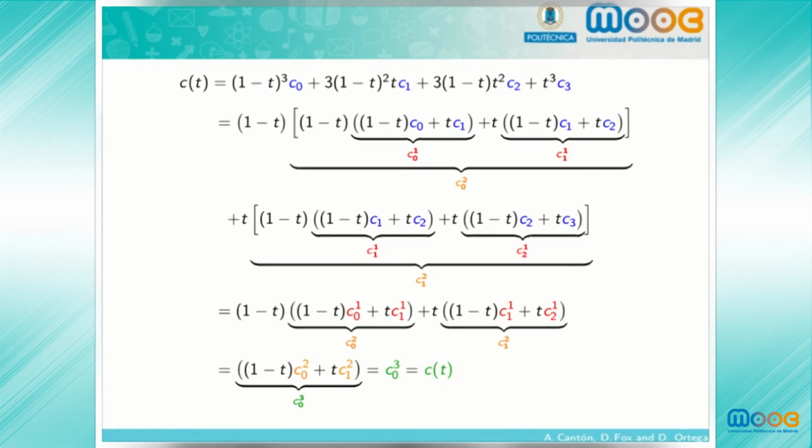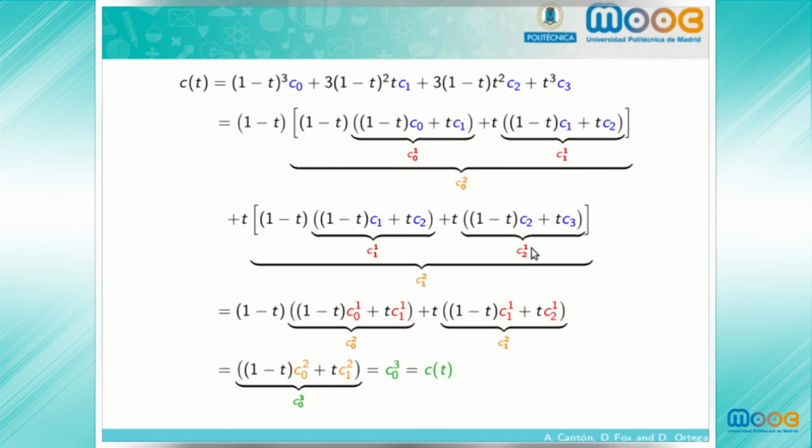So we've seen how geometrically the Casteljau algorithm can be deduced. And we are going to see now why it is true analytically. So here we have the expression of the Bezier curve of degree 3. And this is the first point of the first iteration of the Casteljau algorithm, the second point and the third point of the first iteration.